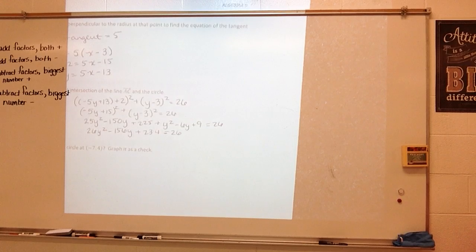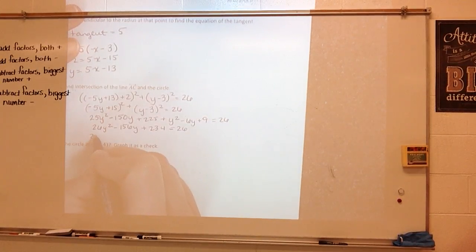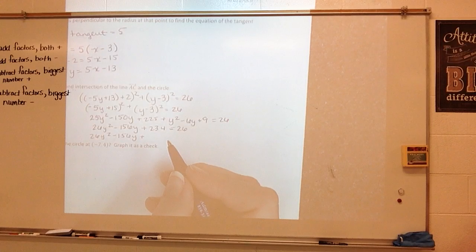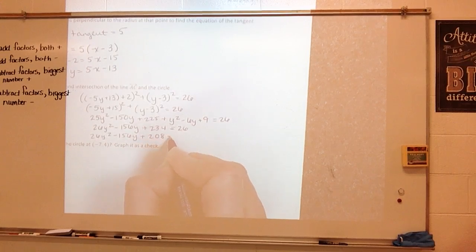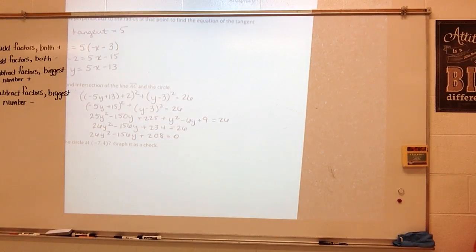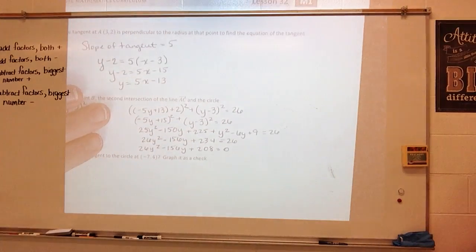All right. Bring your 26 over. I get 26y squared minus 156y plus 234 minus 26 is 208 is equal to 0. Here's what I would suggest you do.